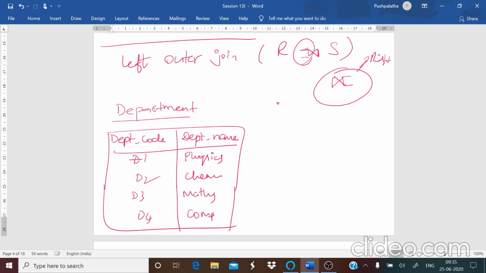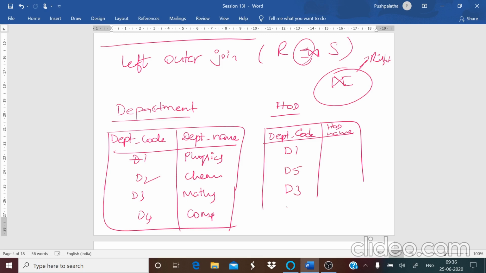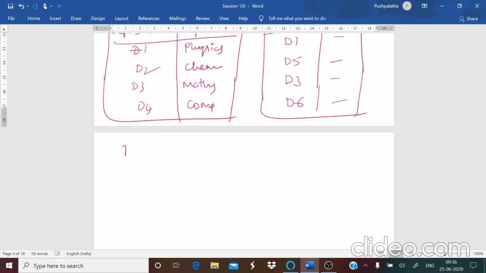And you have one more table, HOD, with department code and HOD name: D1, D5, D3, D6, with names here. So what happens when you give the left outer join of department and HOD, remember we give the symbol, this is your left outer join.